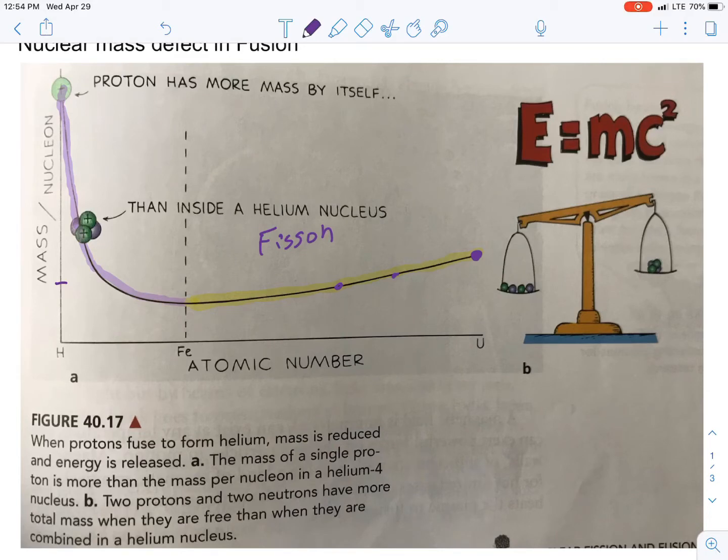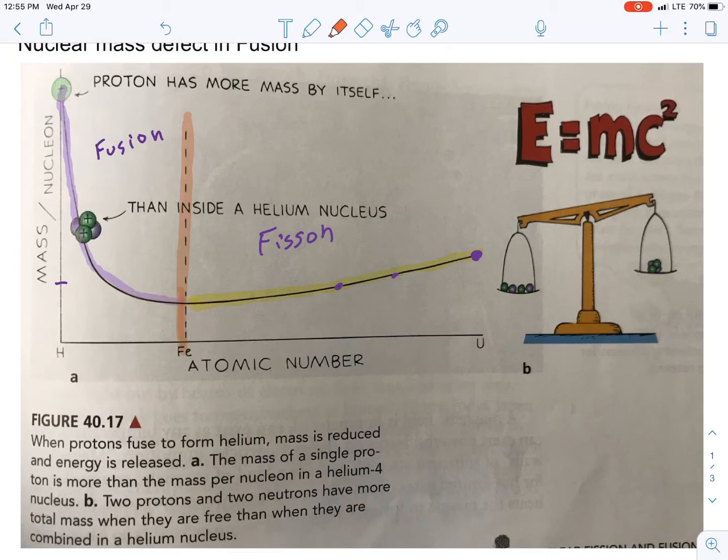Well, for fusion, the opposite happens. As the smaller nuclei join together, they lose mass. So by joining together, they lose mass. On this side of the dotted line, let's put that in some kind of highlight. And on the other side, they lose mass if they were split apart.